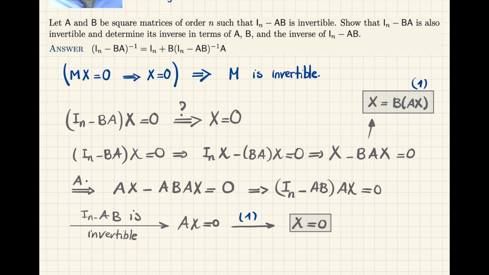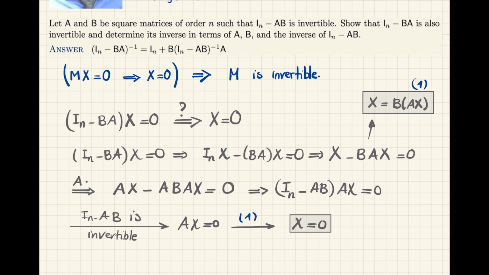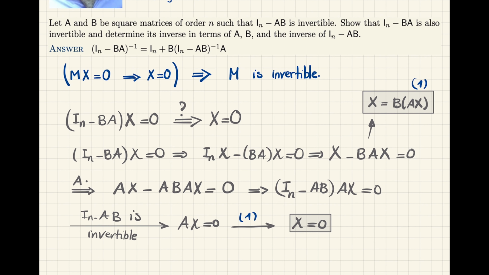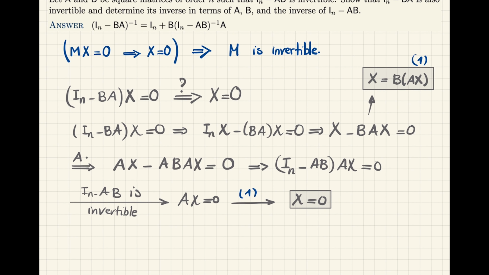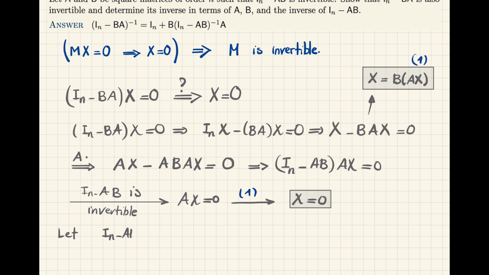Okay, and now according to the problem, I'm supposed to determine its inverse in terms of A, B, and the inverse of I_n minus AB. So what can I do? Let the inverse that I am looking for have a name.